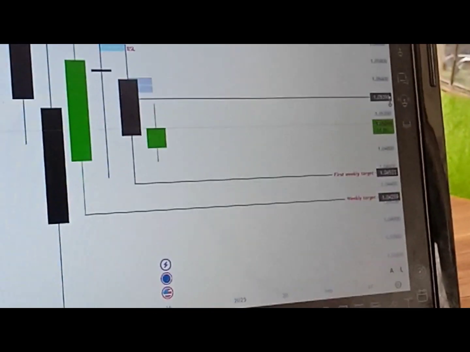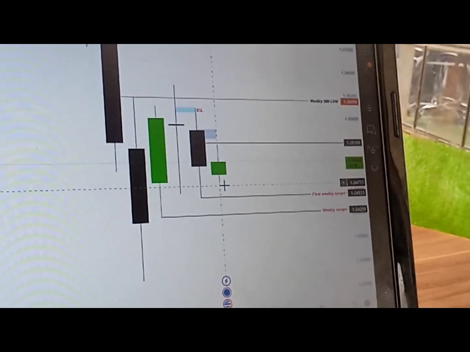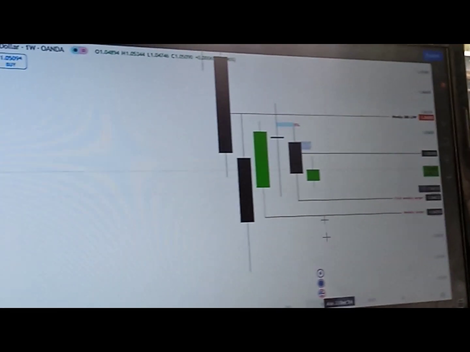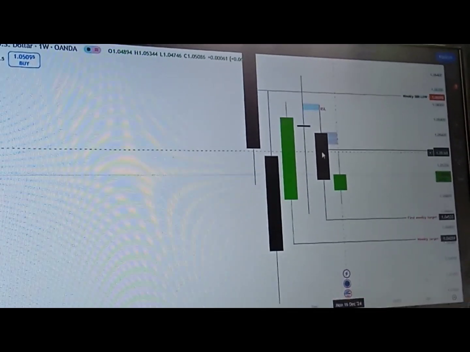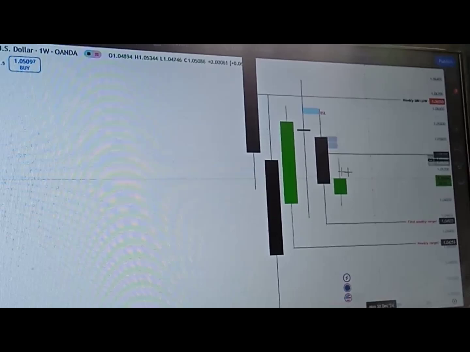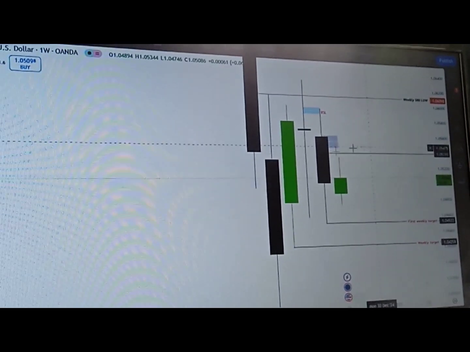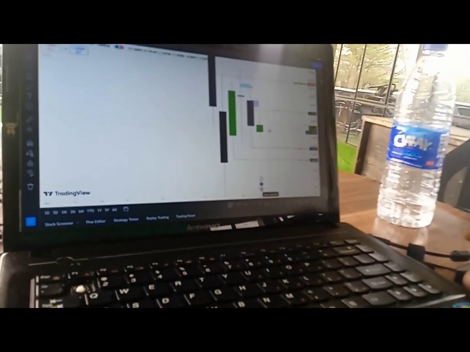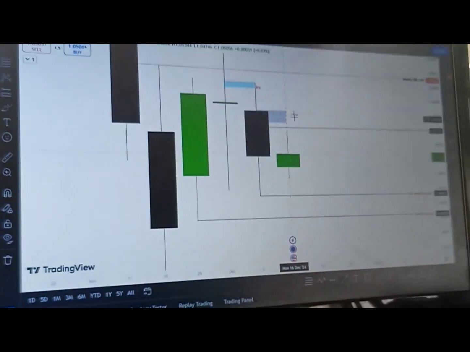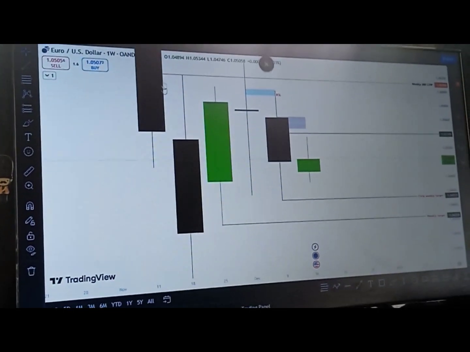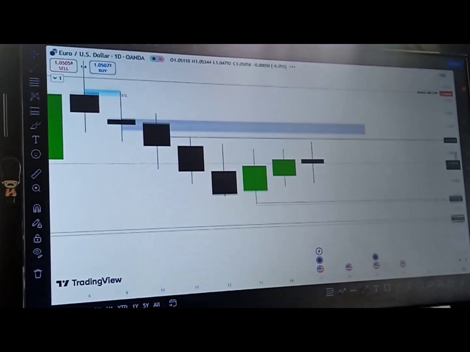So what I'm expecting before the displacement is for it to at least come to one particular PD array I marked here, and one liquidity I'm expecting it to take out. Let me just go to the daily time frame so that we'll see it now.